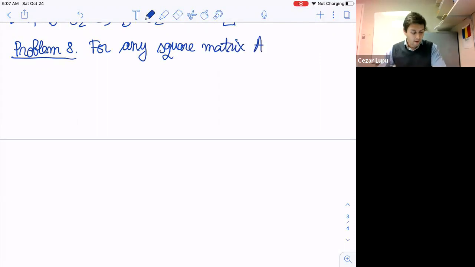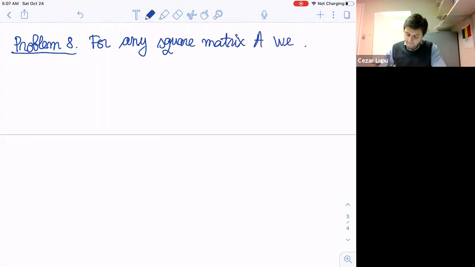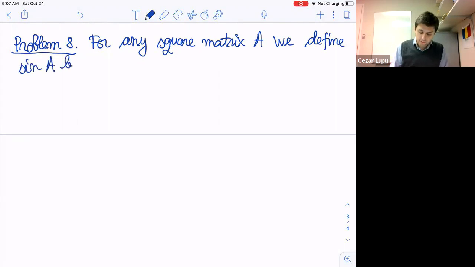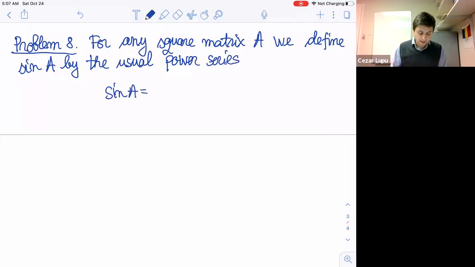We define the sine of A by the usual power series: sine of A is nothing else than just the sum of (-1)^n over (2n+1)! times A to the power 2n+1.